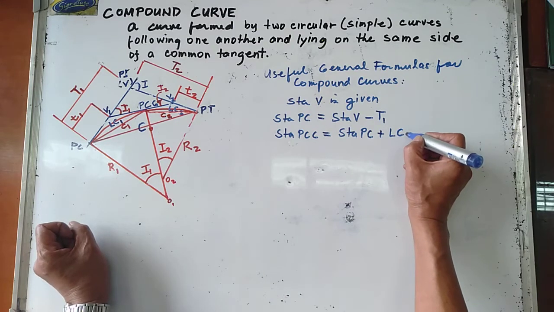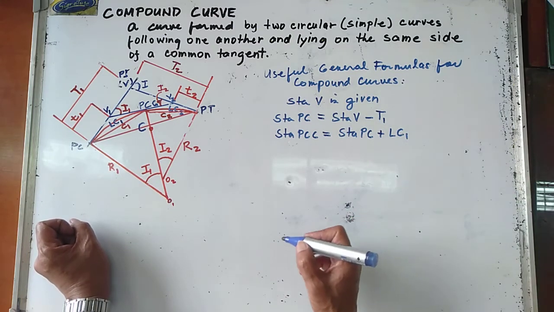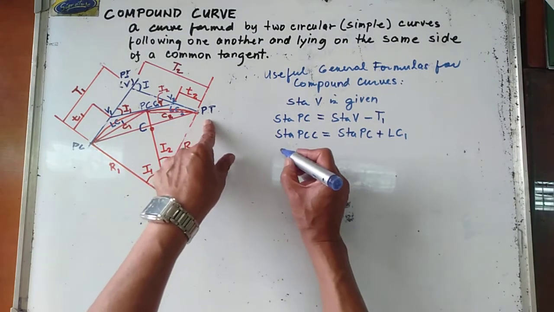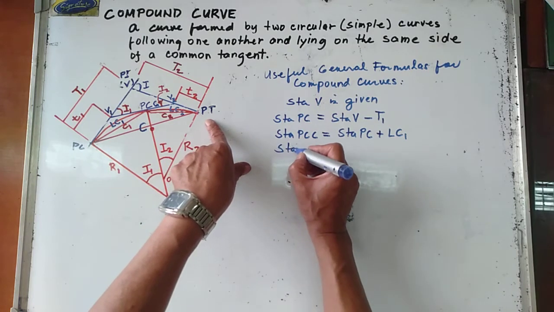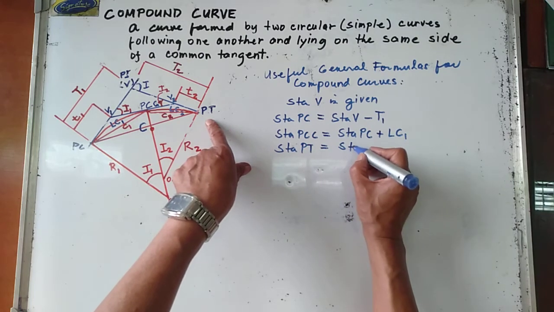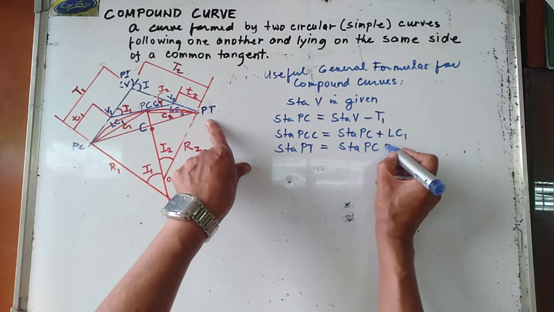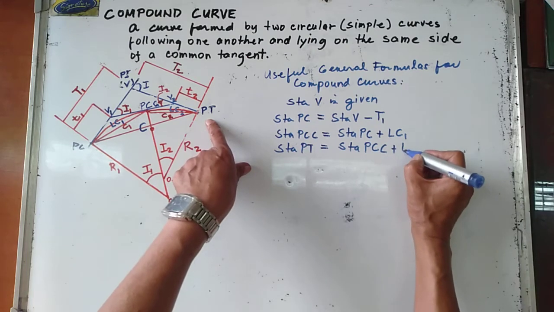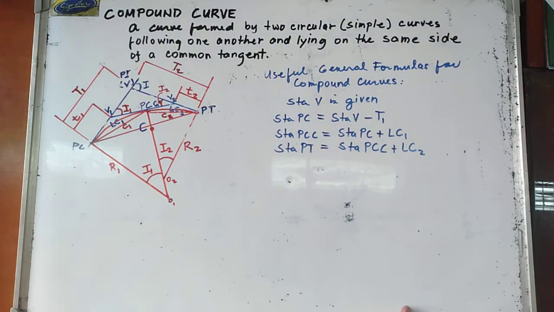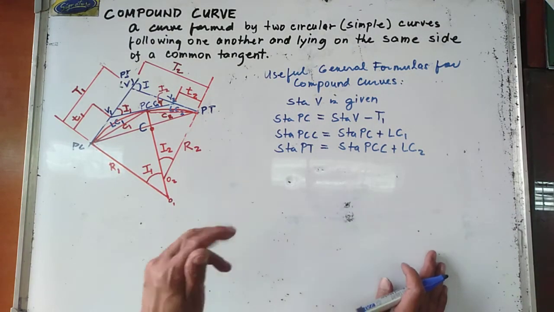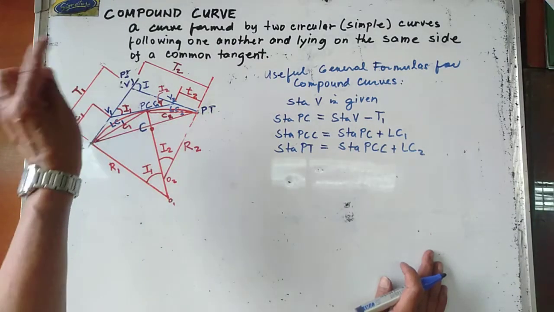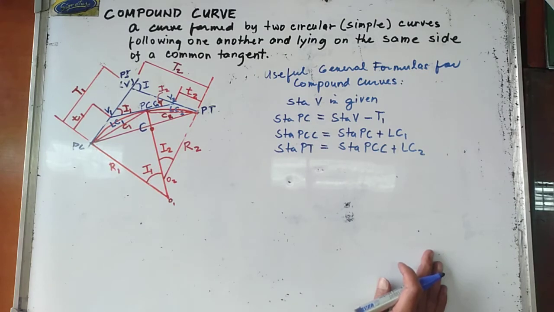So that is now the length of the first simple curve. And to determine PT, your station PT is equal to station of the PCC plus the length of the second circular curve. So that is on how to determine the stationing of these points when station V is given.